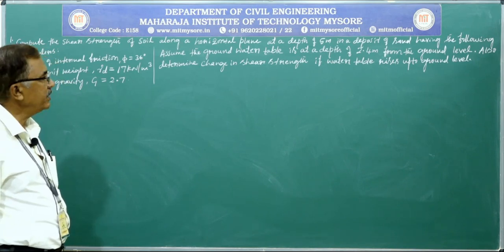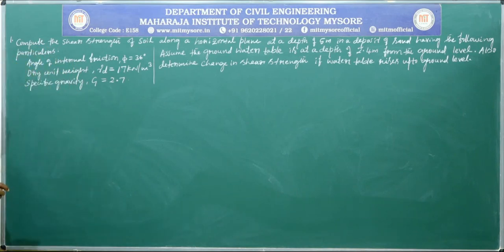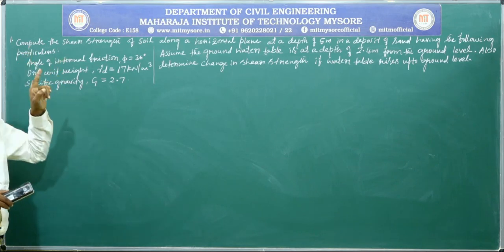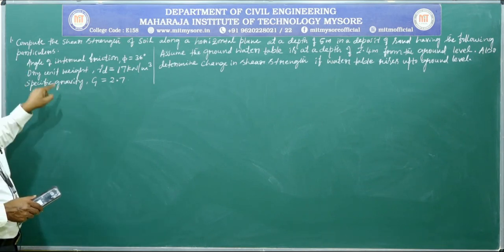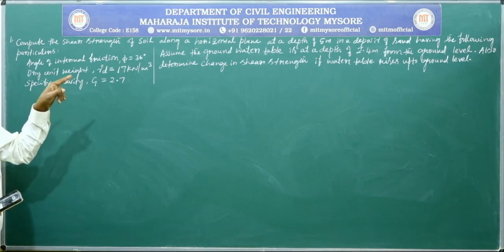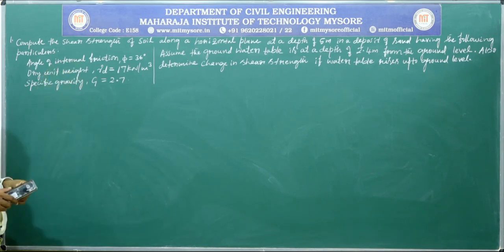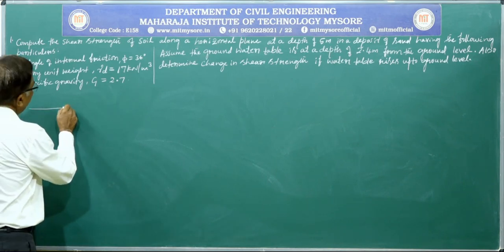Here we need to determine shear strength, and to determine shear strength we have to consider the effective stress. It is asked to calculate shear strength at a depth of 5 meter below the ground surface, and water table is at a depth of 2.4 meter from ground level. So let us write the field condition.